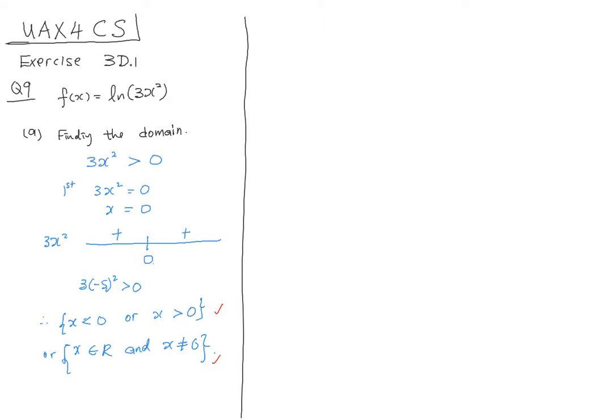So now we are going to do part B. What you need to do is, your f(x) is equal to ln 3x squared. For me, I can do it in both ways.